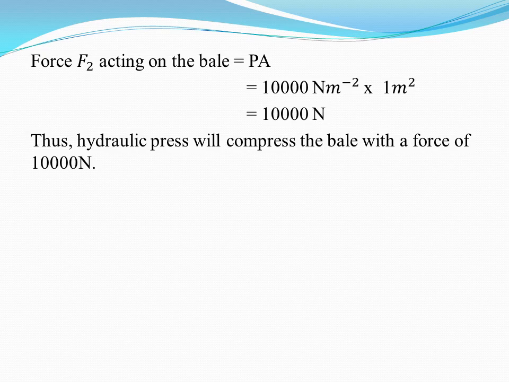This hydraulic press will compress the bale with a force of 10,000 Newton. If you look at the values of forces, by applying 100 Newton of force, 10,000 Newton force will be produced. It means this hydraulic press is a force multiplier.